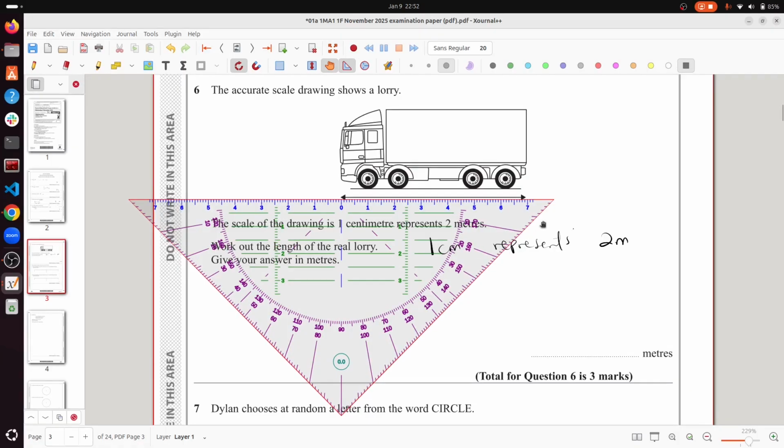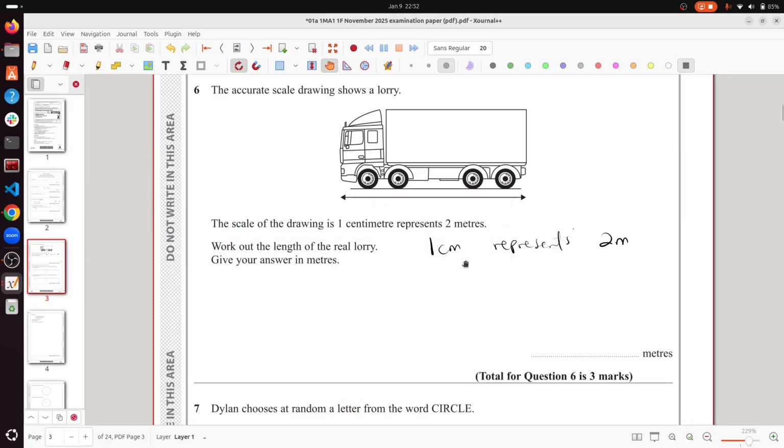And I can see it's almost 7 cm, so I'm going to go with that. Questions like this, the mark scheme will always give us a range of values. So if you can approximate at times, it's okay. So I'm going to take that set square off. So I'm going to go with 7 cm.